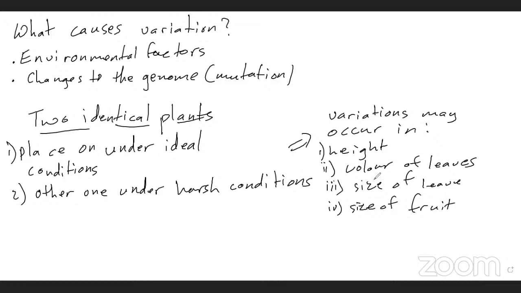So when environmental factors cause variation, it is not influencing the genome, so the type of variation it leads to would be continuous. Environmental factors are not affecting the genome, so it would not lead to any discrete phenotype being formed.